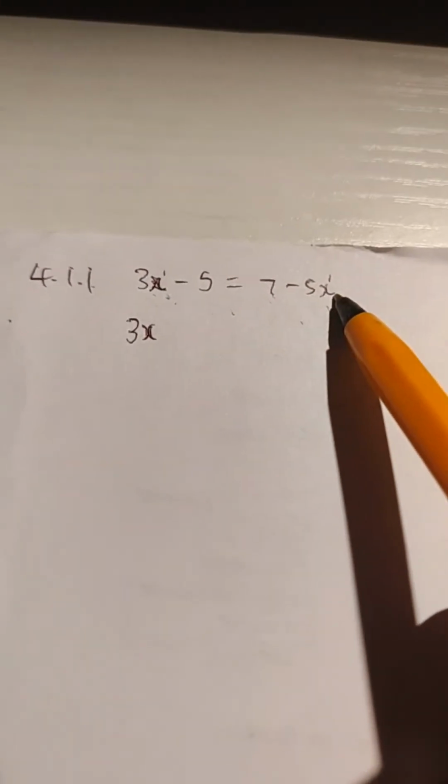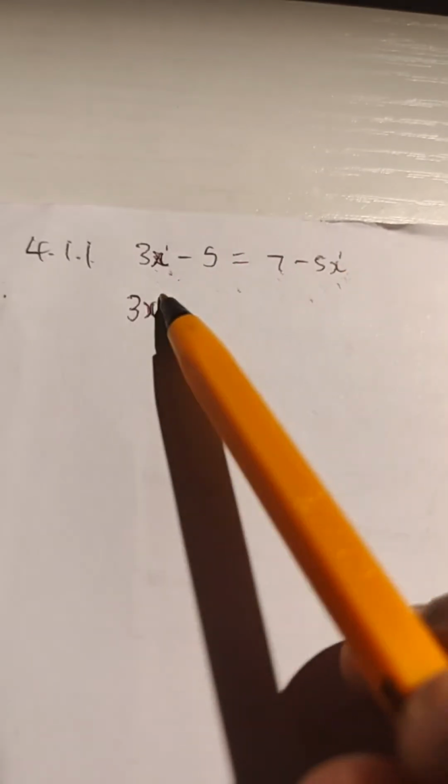You isolate the x terms on the left. So you have 3x here. There's a negative 5x. You transpose, you move negative 5x to the left. Okay, we are applying the additive inverse law, but then we move negative 5x as a shortcut, which basically means when negative 5x goes over, it becomes positive 5x.